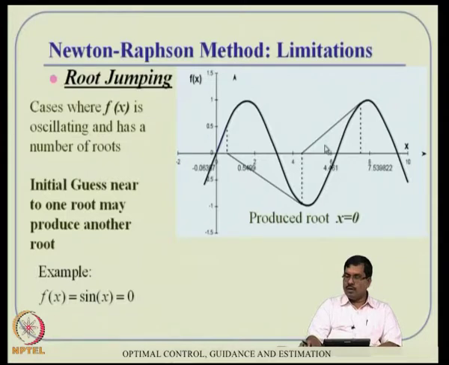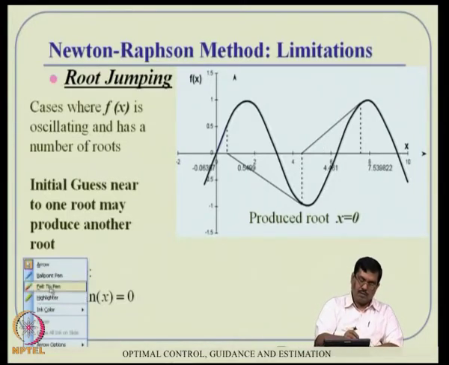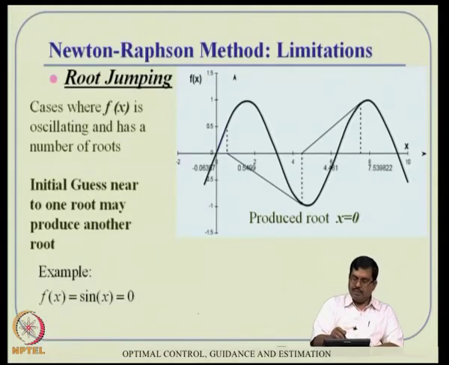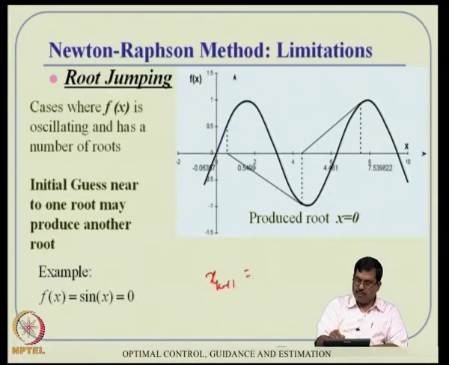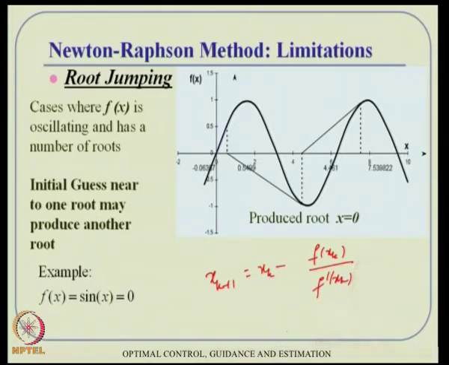One of these issues can be avoided by taking what is called a learning rate. For example, x_{k+1} is equal to x_k minus f of x_k divided by f dash of x_k. That is what we discussed. Instead of doing that, I multiply by alpha, where alpha is a number less than 1.